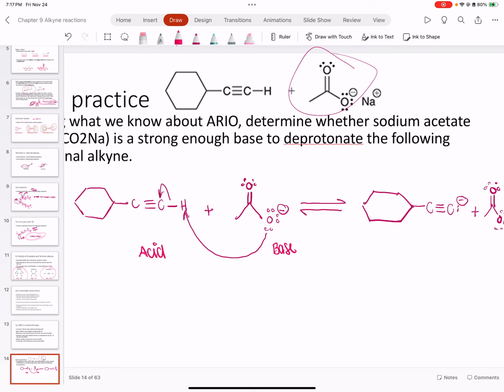We're gonna use the Bronsted-Lowry terms. My base is a proton or hydrogen acceptor, while my acid is a proton donor, like it donates. You can see that our hydrogen leaves because our base is taking it from it.